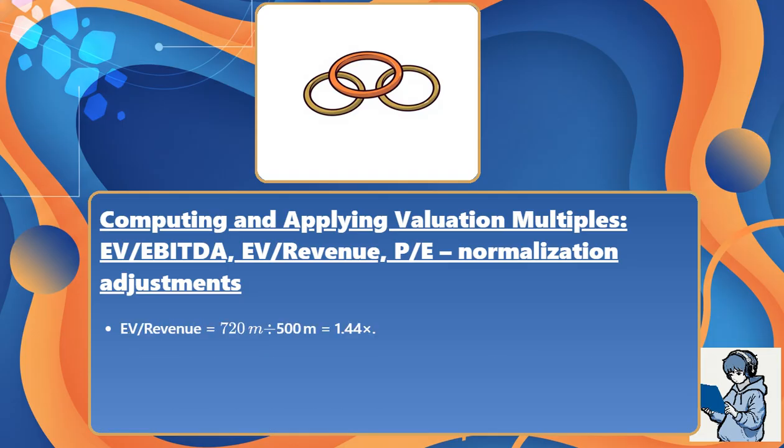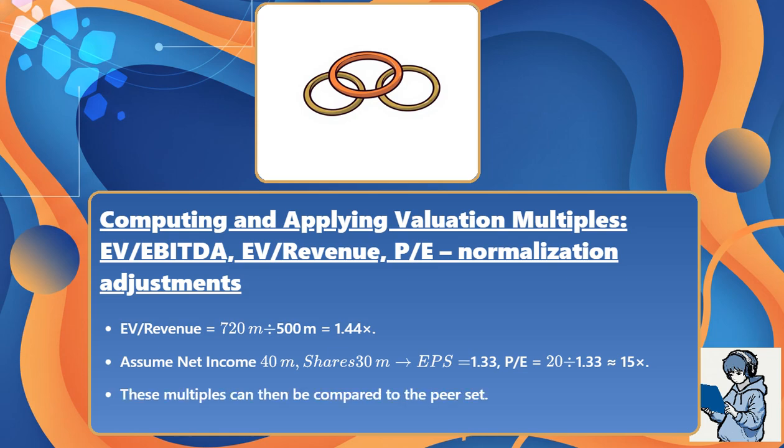Enterprise value divided by revenue equals 720 million divided by 500 million, which equals 1.44 times. Assume net income 40 million, shares 30 million, earnings per share equals $1.33. Price to earnings equals $20 divided by $1.33, approximately 15 times. These multiples can then be compared to the peer set.